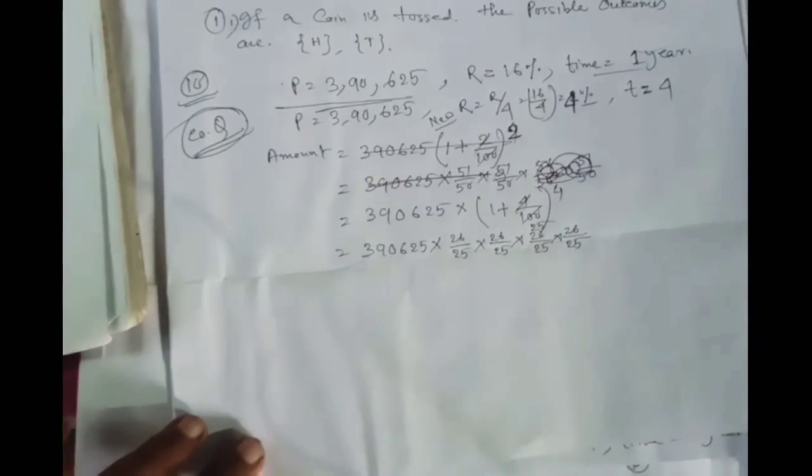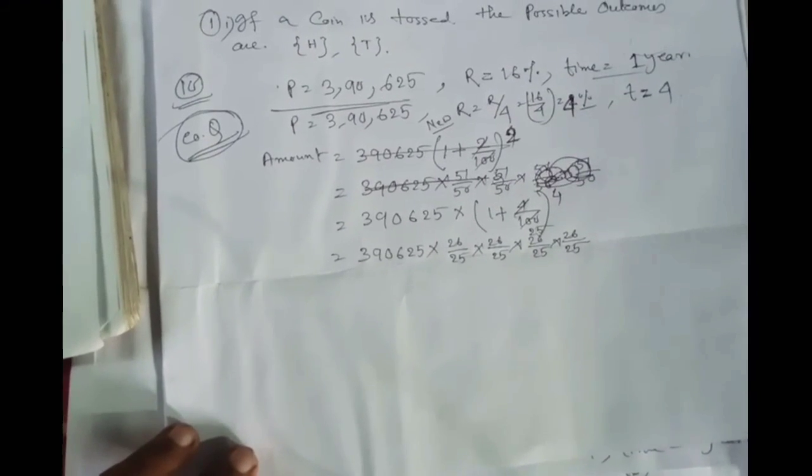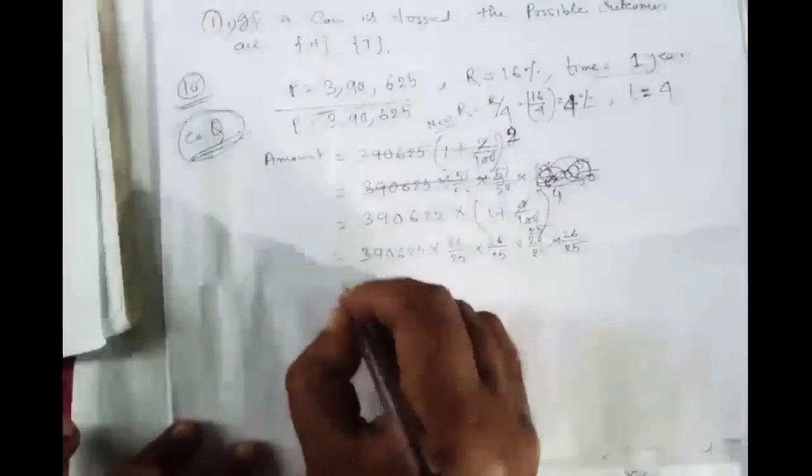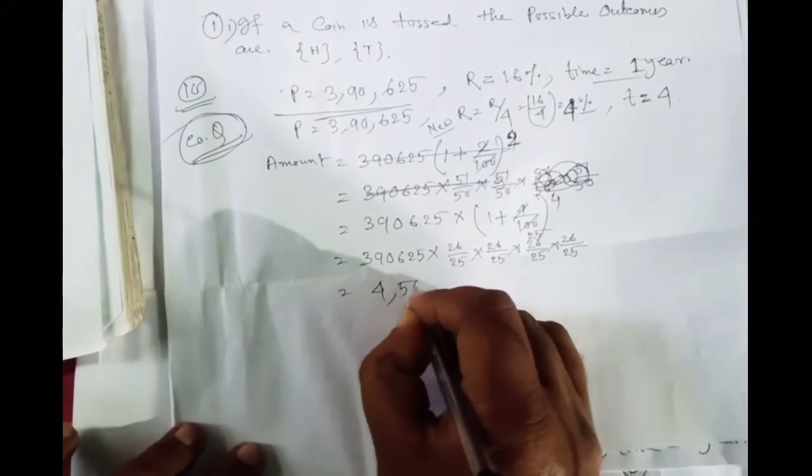So if we do the calculations, we are getting 4,56,976.